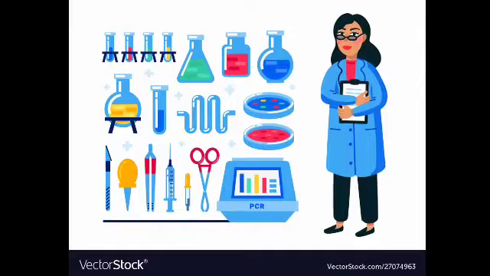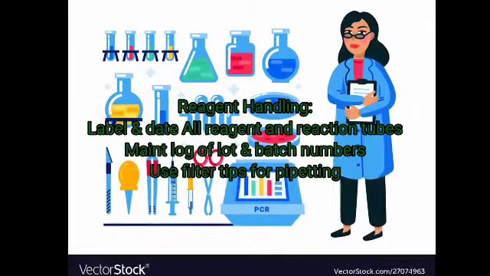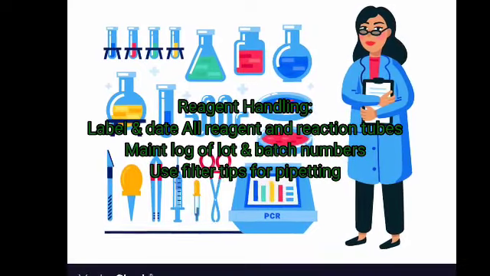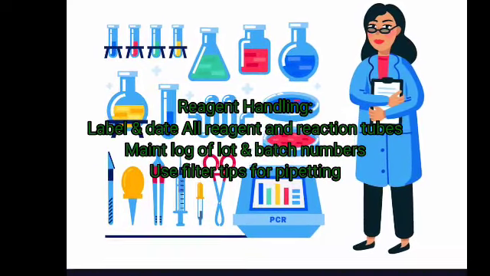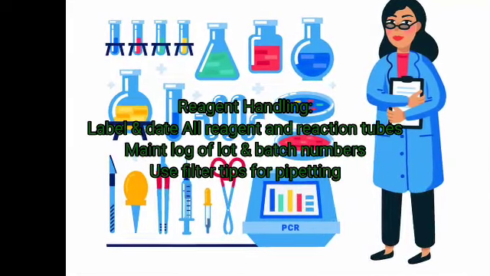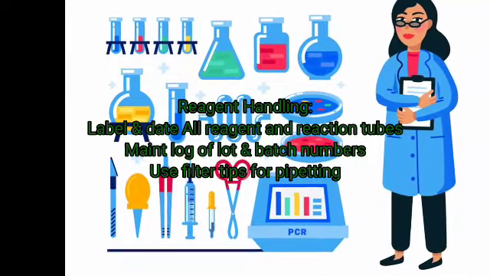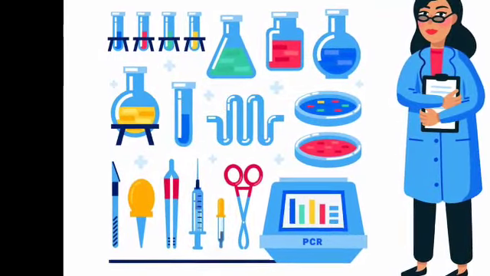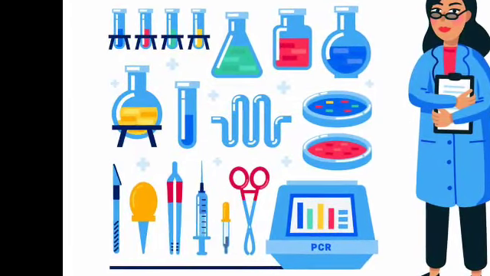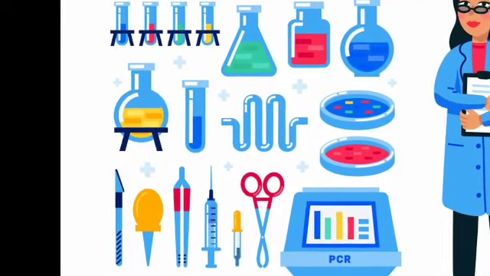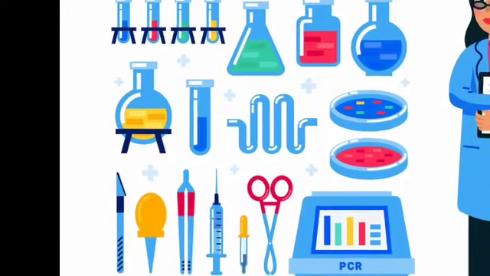Label and date all the reagent tubes and reaction tubes clearly, and maintain logs of reagent lot and batch numbers used in all experiments. Pipette all reagents and samples using filter tips. Prior to purchase, it is advisable to confirm with the manufacturer that the filter tips fit the brand of pipette to be used.